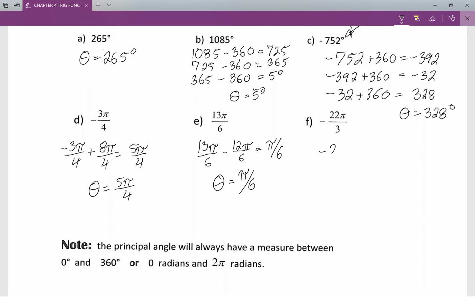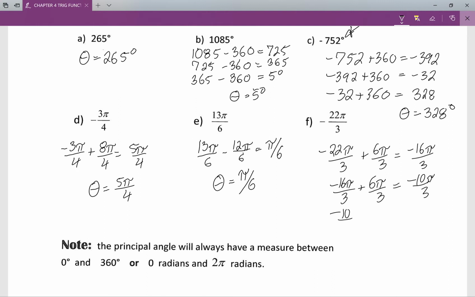Finally, my negative 22 pi by 3. What I'm going to do is add the 6 pi by 3, and this will give me negative 16 pi by 3. I go negative 16 pi by 3, and I again add the 6 pi by 3, which will give me negative 10 pi by 3.